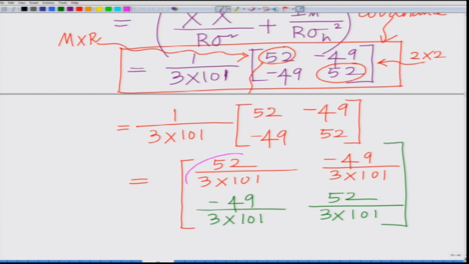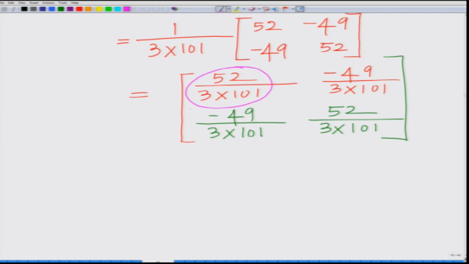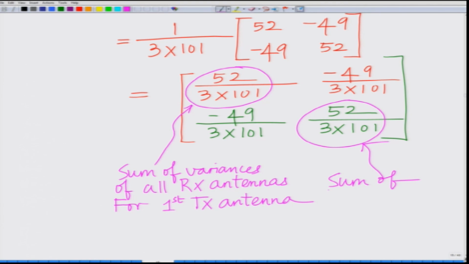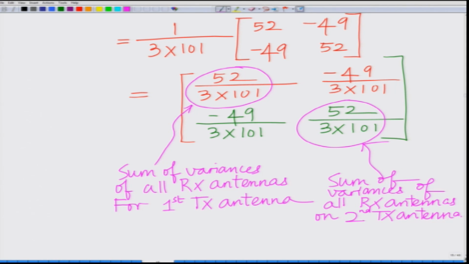What this is basically is the sum of variances of all receive antennas for the first transmit antenna, and this is the sum of variances of all RX antennas on the second transmit antenna. All right. So that is what we have.